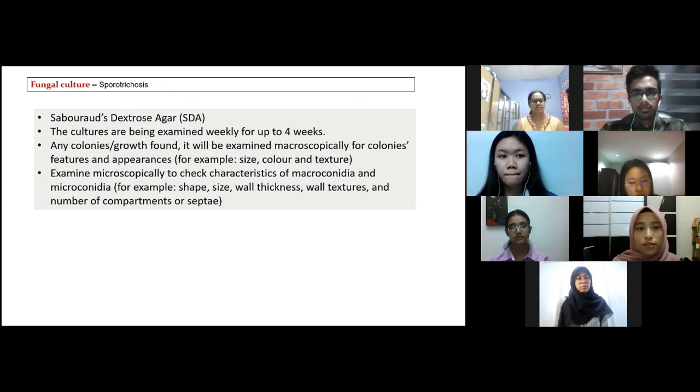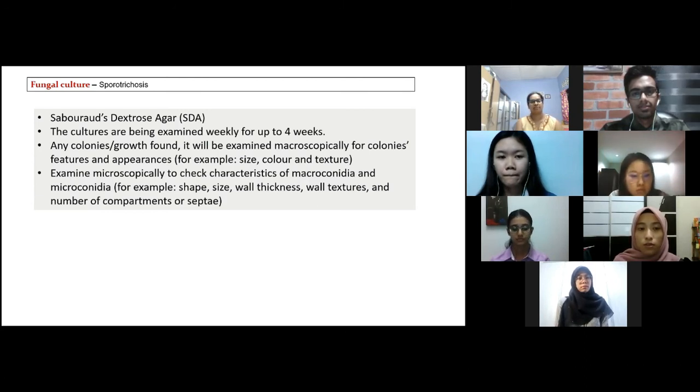Okay, so next technique is the fungal culture, which can be used to diagnose sporotrichosis. So for fungal culture, we can use Sabouraud dextrose agar or SDA. The cultures will be examined weekly for up to 4 weeks. We will examine any colonies or growth found on the SDA and examine microscopically for the colonies' features and appearances, such as the size, the color, and the texture of the colonies.